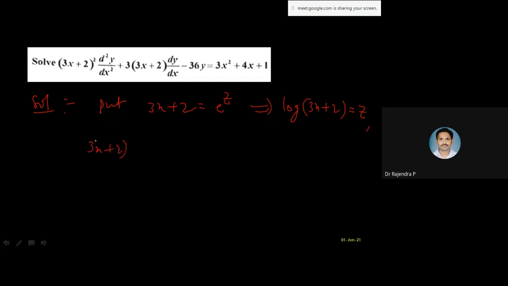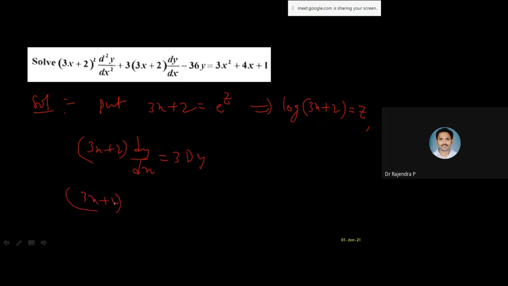So if I take these substitutions, what am I going to get? 3x plus 2 into dy by dx, this particular term will be a into dy. What is the value of a? 3. B is 2, so actually b we are not particularly using anywhere. Anyway, a into dy, 3 into dy.